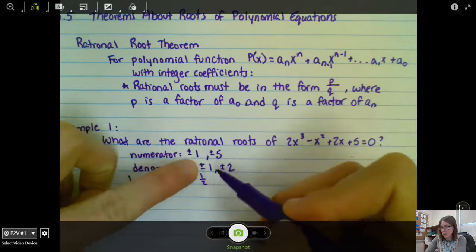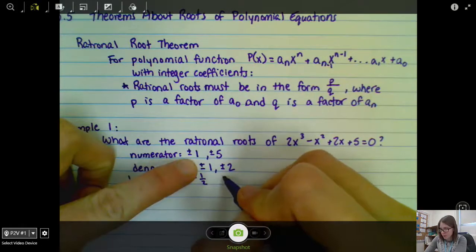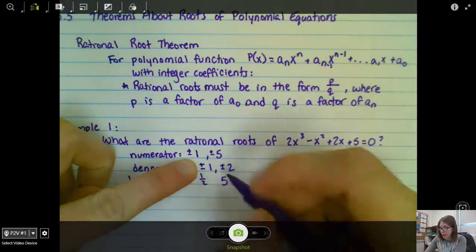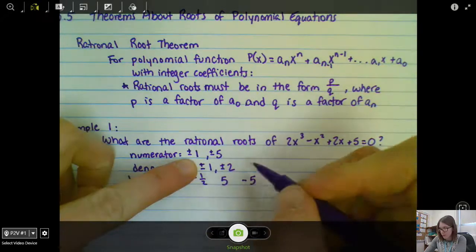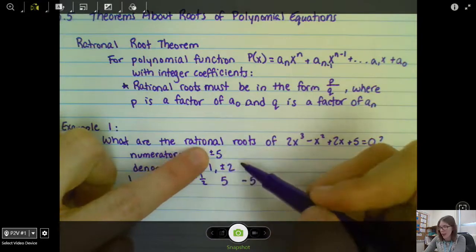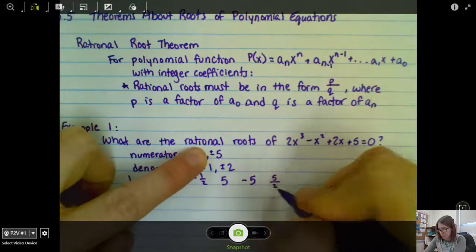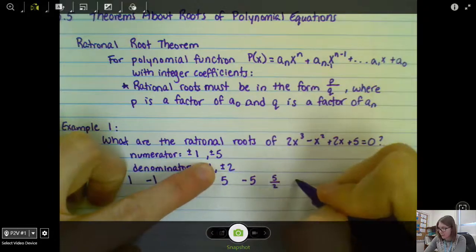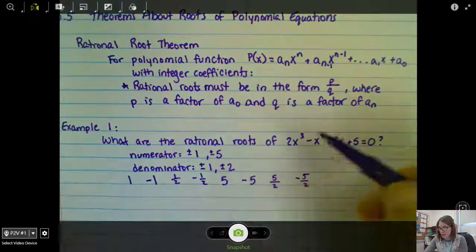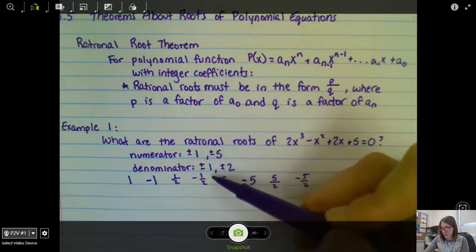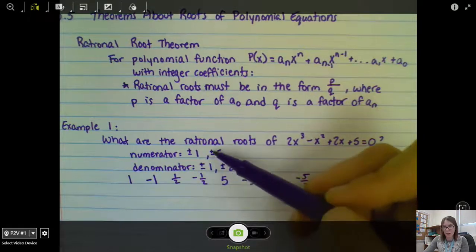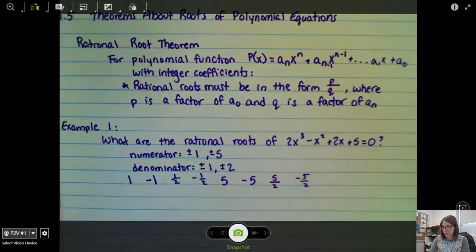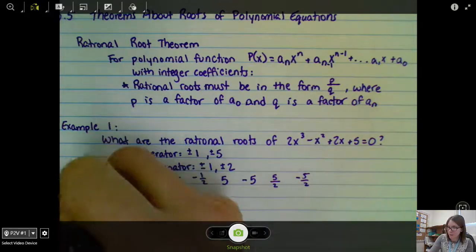And then 5 over 1, or -5. And finally, 5/2, -5/2. So to get these, I'm taking each possibility for the numerator and pairing it with each possibility for the denominator. Nice thing about the rational root theorem, instead of having an infinite number of rational roots, these are our only possibilities. Let's check them.